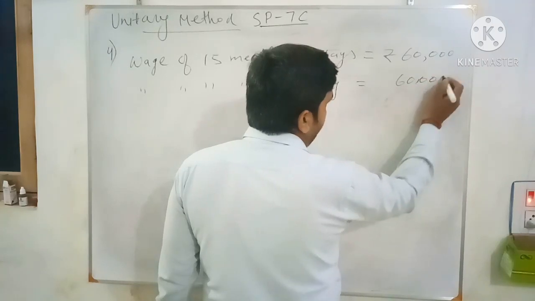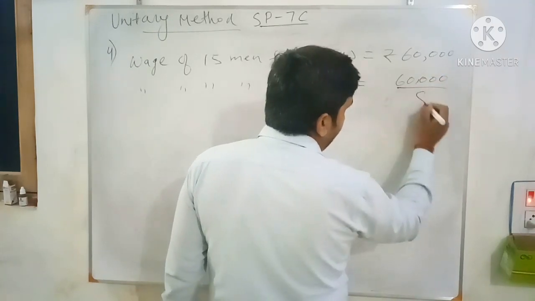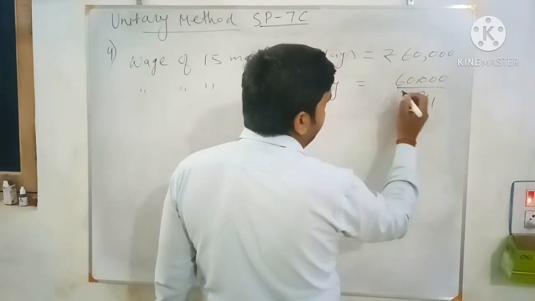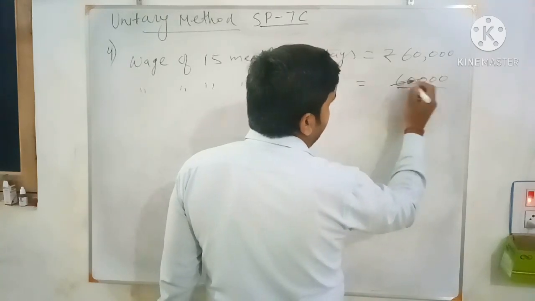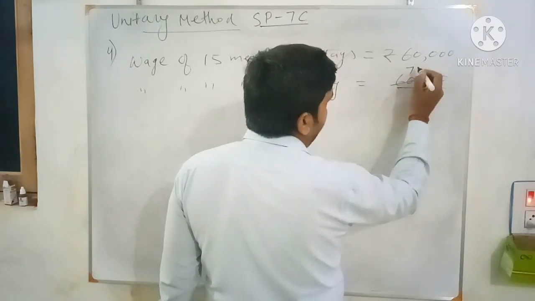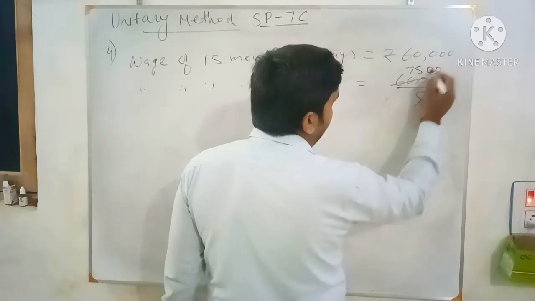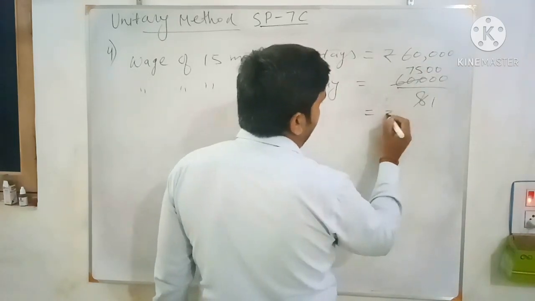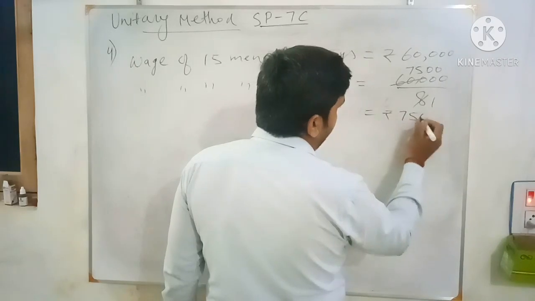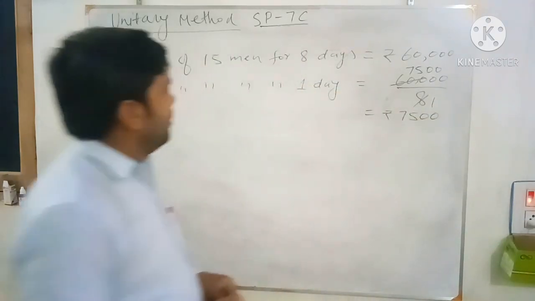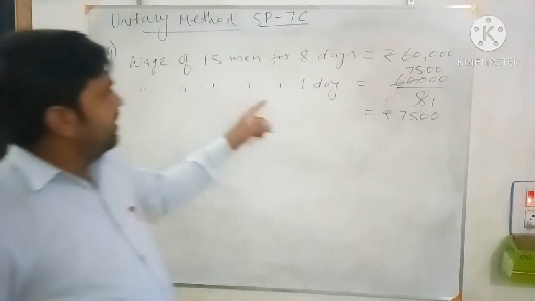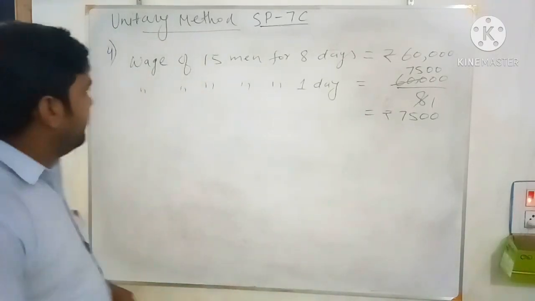So 60,000 divided by 8. So what will you get? 8 7s are 56, 40, 8 5s are 40, 7,500. So the wage of 15 men for 1 day is rupees 7,500.